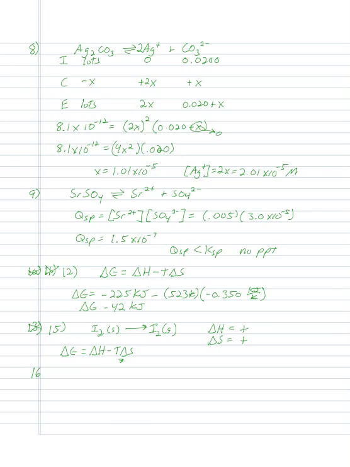All right, so for number 16, we're just calculating the standard entropy change for this reaction. So we're going to have CO2 gas plus 2 waters going to CH4 gas plus 2O2. Now you did have to watch this one.